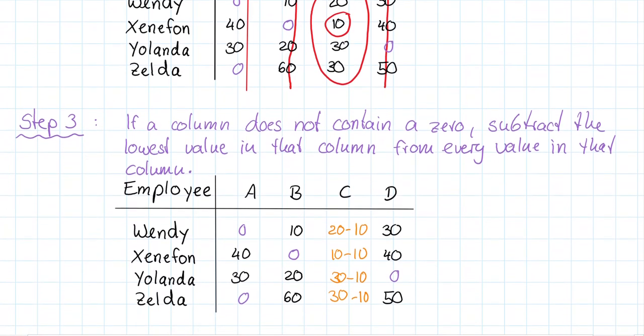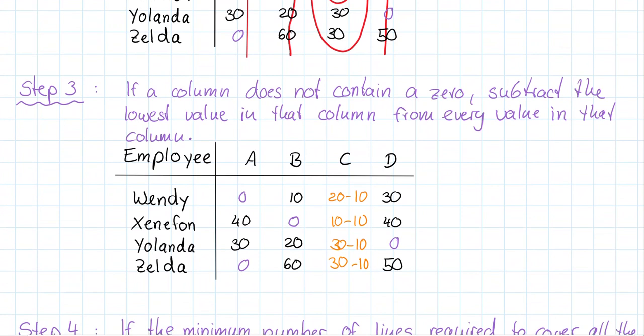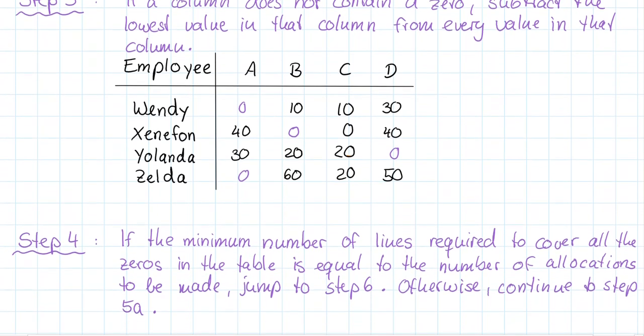Okay, and so I've got that prepared already here. I have 20 minus 10. That is 10. 10 minus 10. Ooh, another 0. 30 minus 10 is 20. 30 minus 10, another 20. Good. We have another 0 now, so let's see what we do.